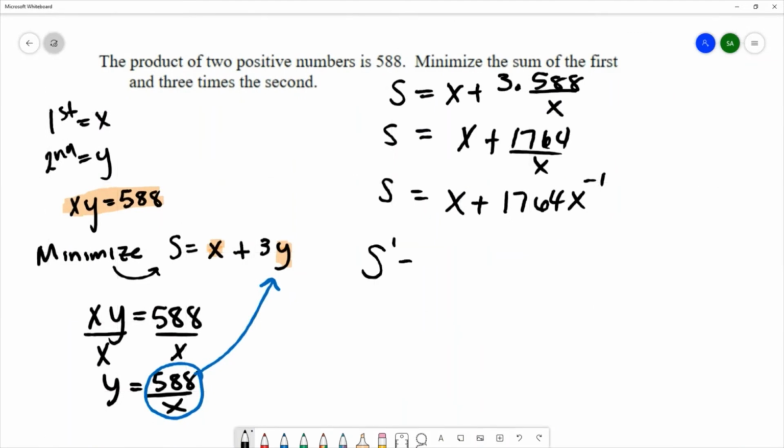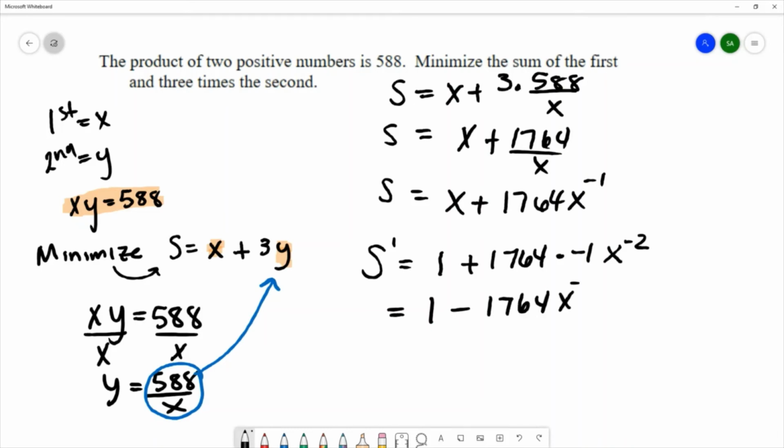I calculate the derivative, that gives me 1 plus 1,764. The derivative of x to the negative 1 is negative 1 x to the negative 2. This is 1 minus 1,764 times x to the negative 2. I want to find my critical numbers by setting the derivative equal to 0.